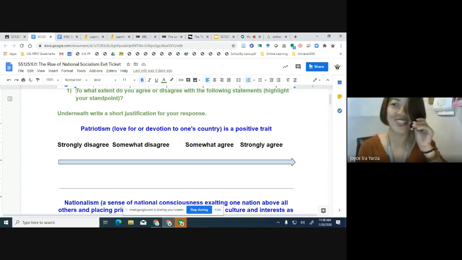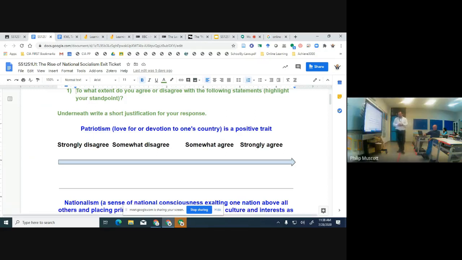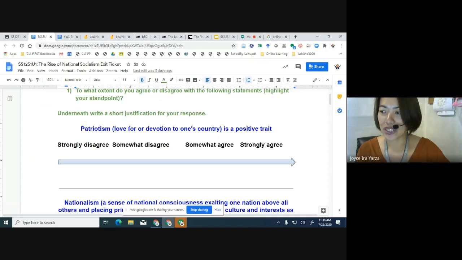Consider that statement. Notice here there's a spectrum of agreement from strongly disagree to strongly agree. Can you just share your thoughts on that? Patriotism is a positive trait. Somewhat agree. That would be my answer for that.